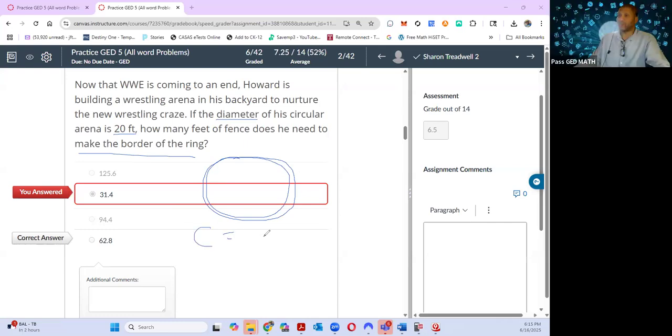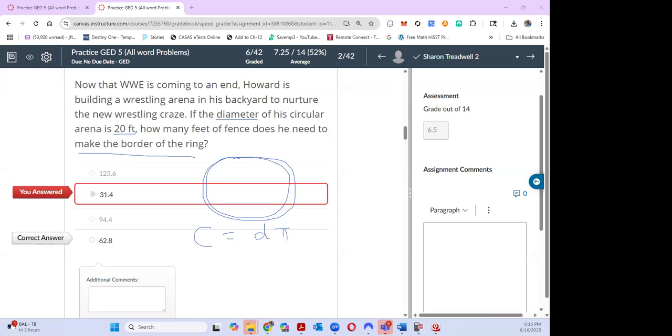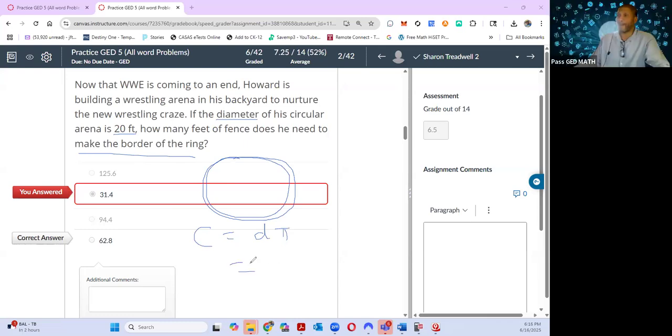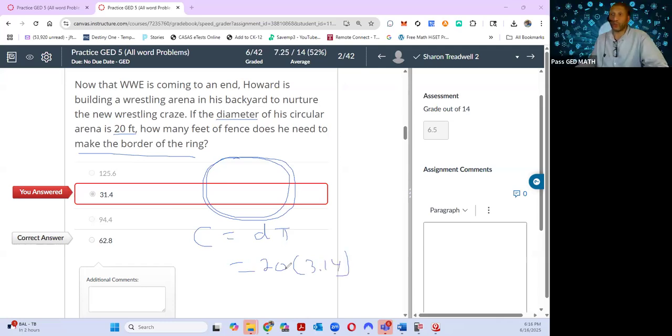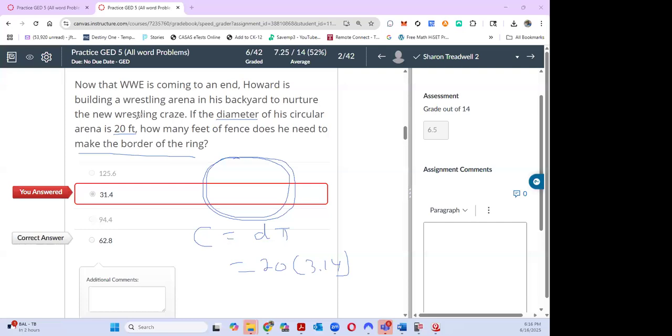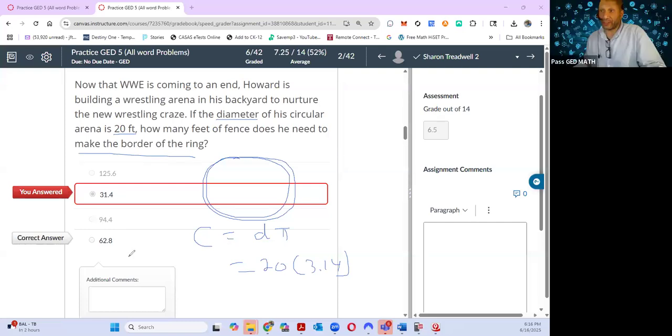So C equals D times pi. We know our diameter is 20. And we know what pi is, 3.14. So right away, you know 20 times 3 is 60. Look at the multiple choices. Only one answer near 60.